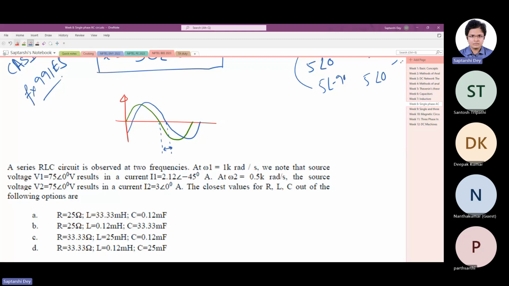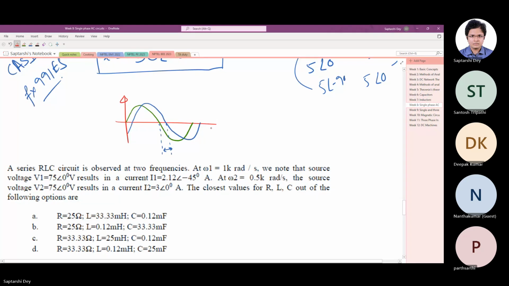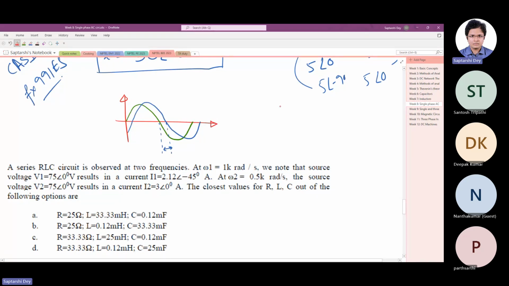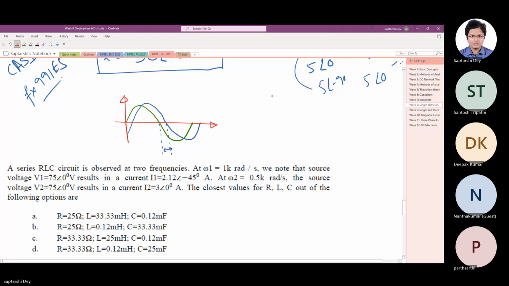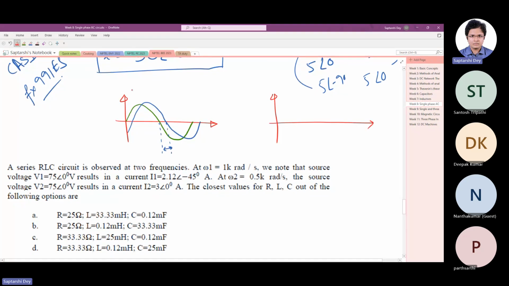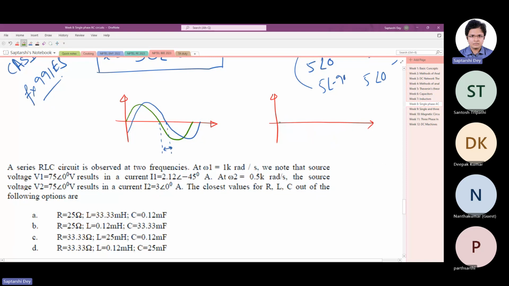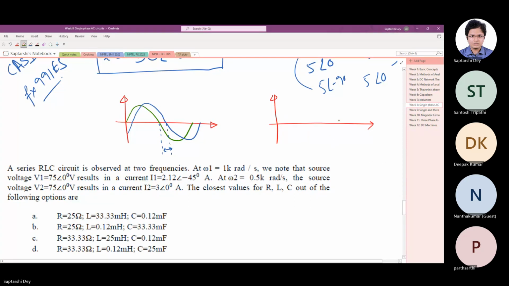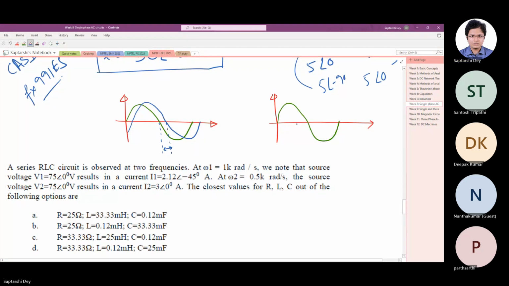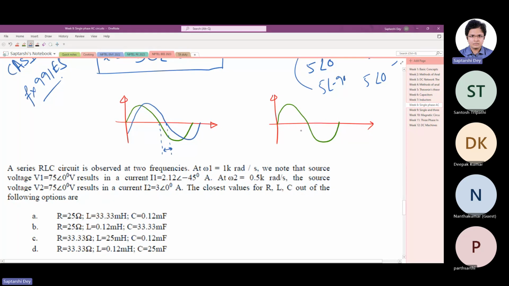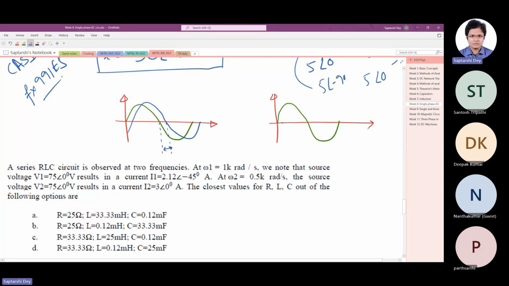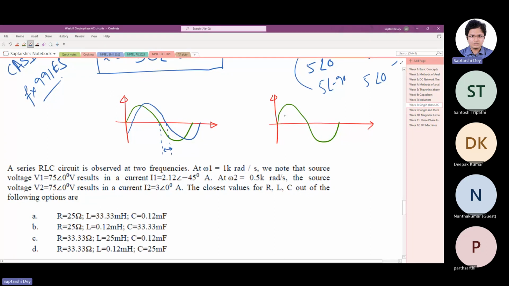But here I have drawn them at the same frequency. But now if I have two waveforms, both periodic, but they are not of the same frequency. Let me try to draw like this.